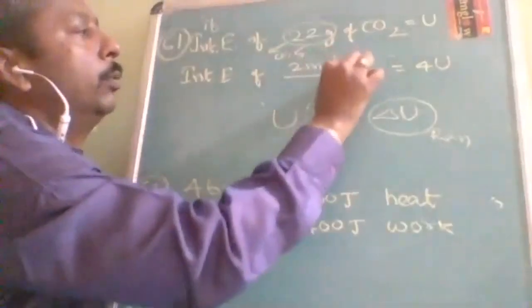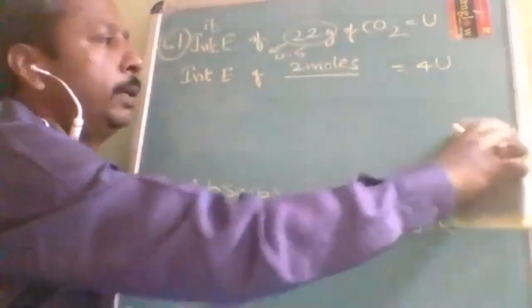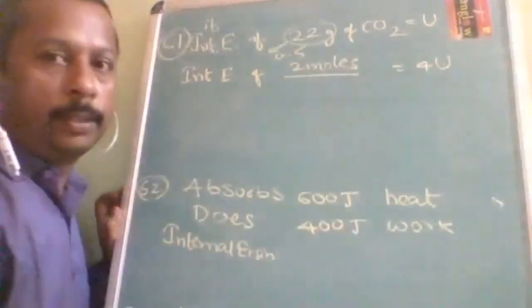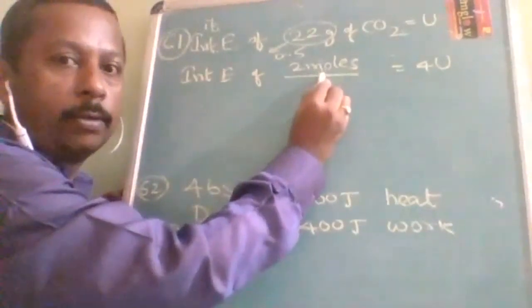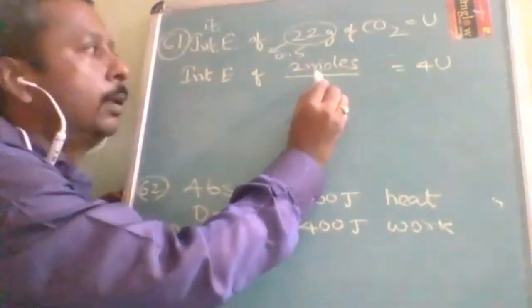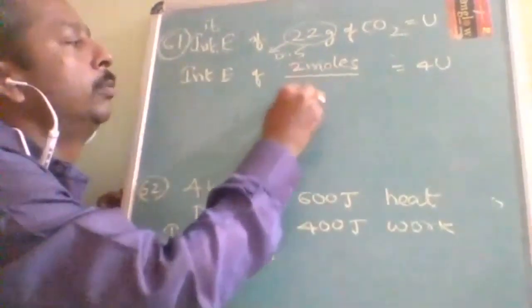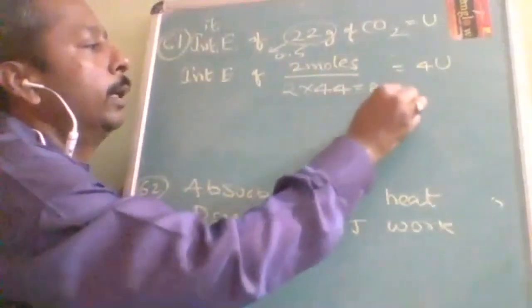If they wanted to give it in an integer type question, that time moles may be there. So if the options are in terms of the mole, then you have to select this one. If options are there in terms of the grams, 2 moles means 2 into 44, that is equal to 88 grams.